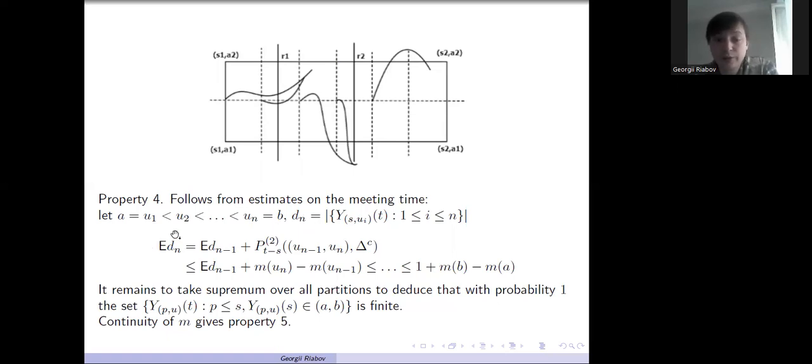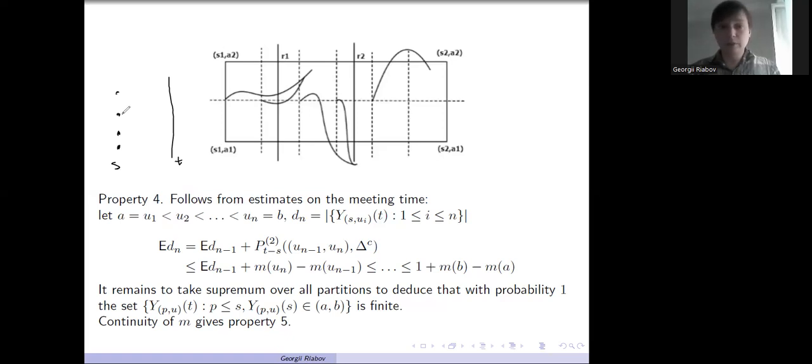So if we choose n endpoints in the segment AB and look at trajectories that start from these points at time s, and we denote by dn the number of trajectories that didn't coalesce by time t, then we can write that expectation of dn is equal to expectation of dn minus 1.